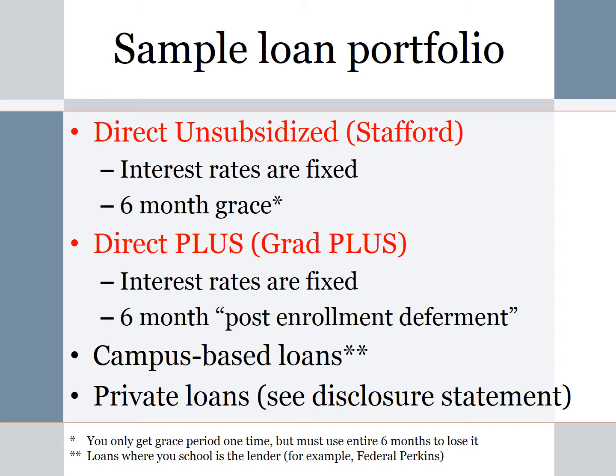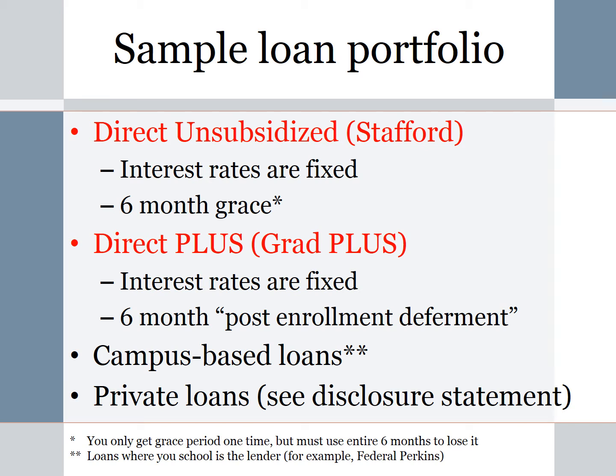By the way, those of you who had loans before 2012, you may have some subsidized Stafford loans, especially if you had some in college or you were in graduate school or podiatric medical school before 2012. In 2012, the government stopped making subsidized Stafford loans to graduate and professional students.